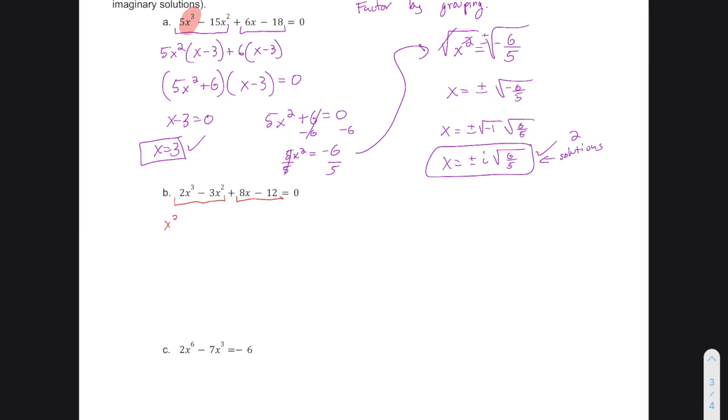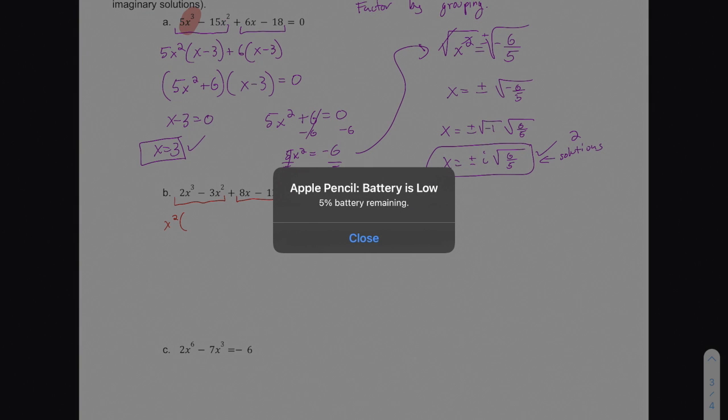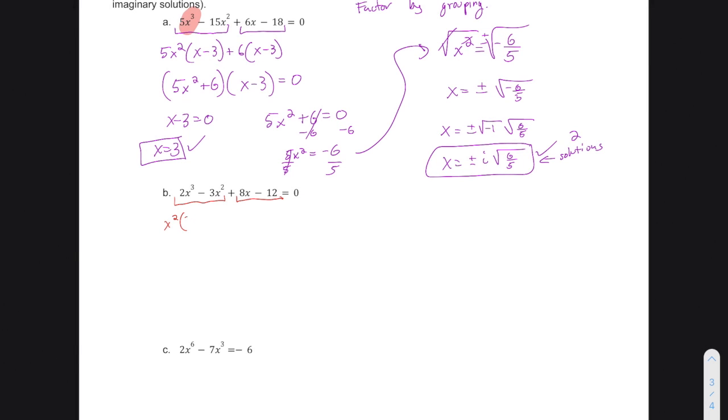So here I'm going to look to factor out x squared, the greatest common factor of my first two terms. I take out x squared, leaving me with 2x minus 3. My second two terms, my greatest common factor is 4, and I'm left with 2x minus 3.